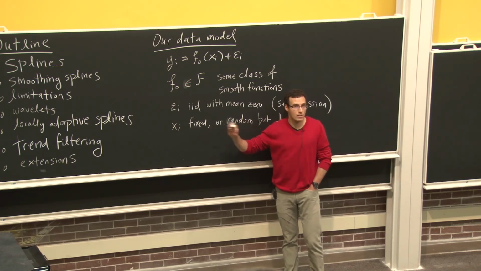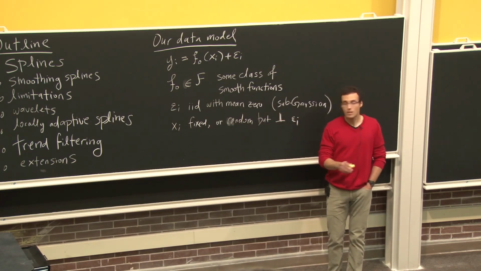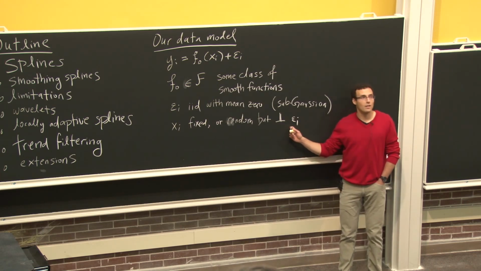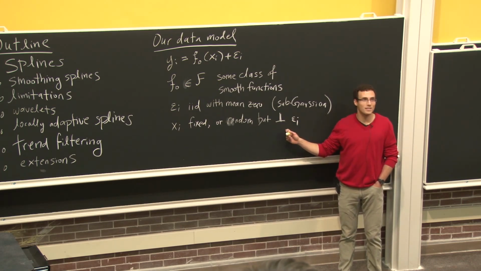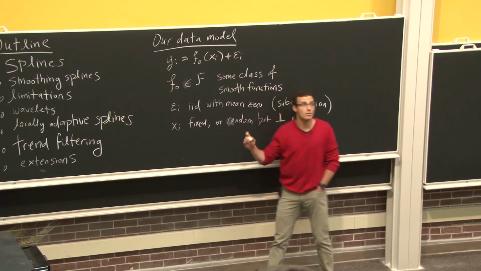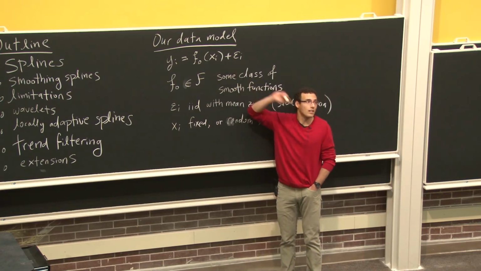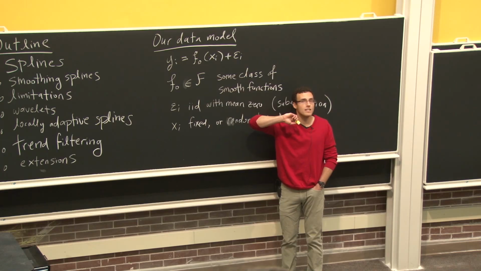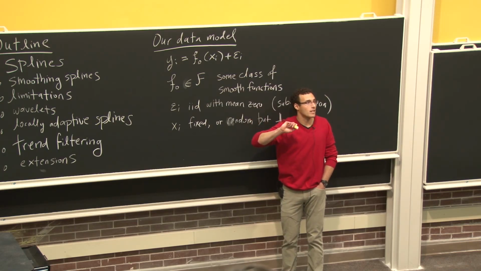So we're going to think about xi as being fixed, or as random but independent of the errors. Now, I know if Larry was here, he would give me a disgusted look. Larry and I differ on this perspective. I think it's much easier to teach regression with fixed inputs or with random inputs that are independent of the errors. In fact, a lot of the theory is more precise in that case, and some of the stuff you can say is cleaner.